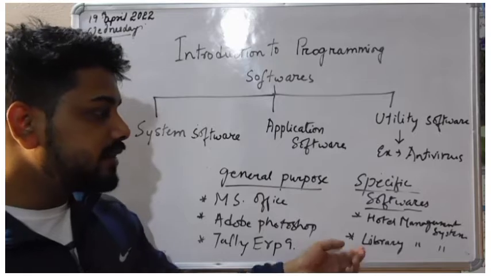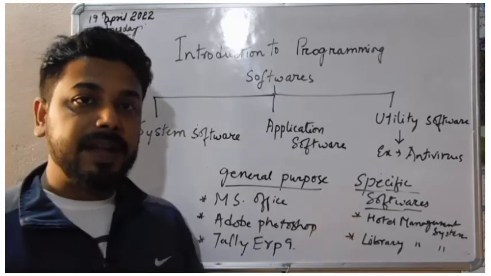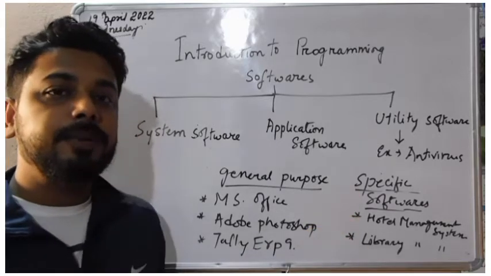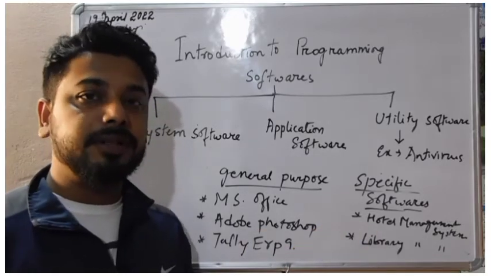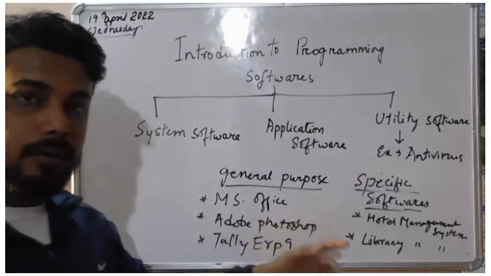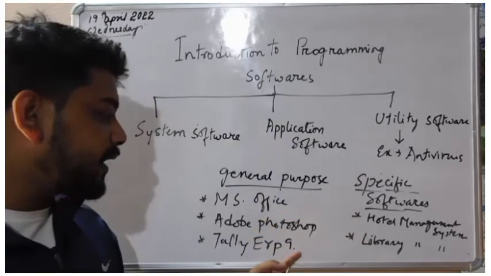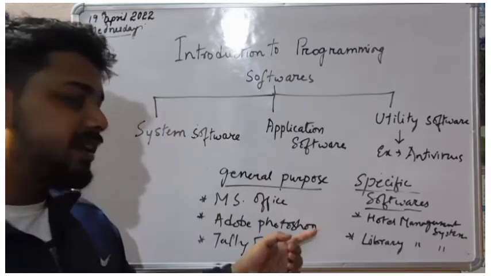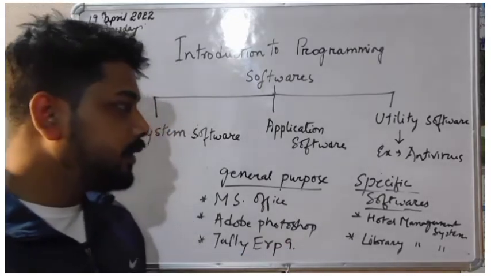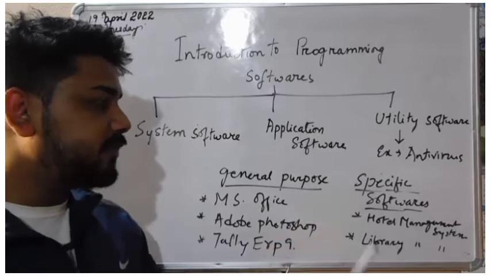Generally you will see that specific software are made or customized by some developers. They make the software and sell it in person. On the other hand, general purpose software are available worldwide. Generally they are available for free. So this is the difference between general purpose and specific software.